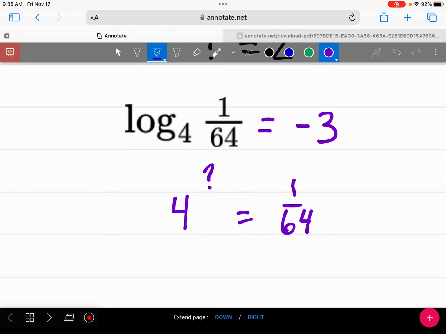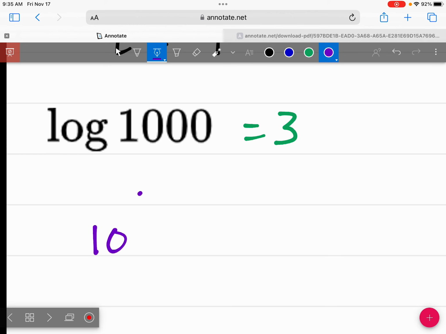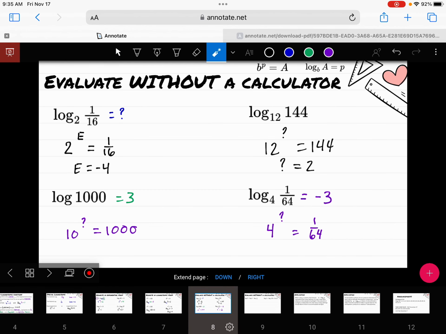And so 4 to the what is 64, 4 cubed is 64. Oh, the 1,000 is same thing. 10 to the what equals 1,000. When you're doing multiples of 10, you just count the zeros. There's 1, 2, 3 zeros. 10 times itself 3 times. So give us that many zeros. Good questions. Okay. The next two are a smidge harder.